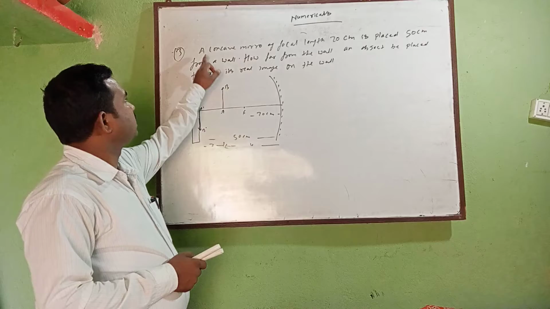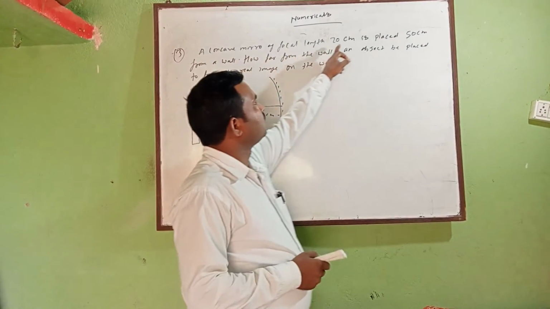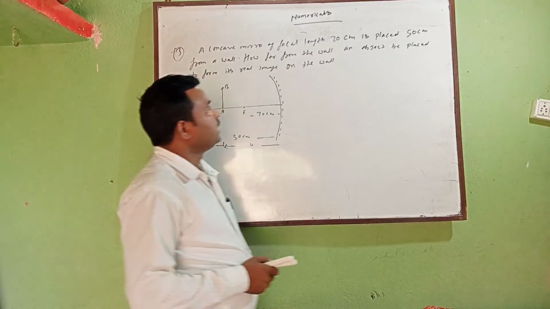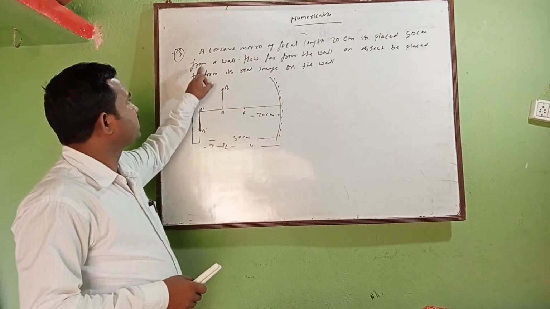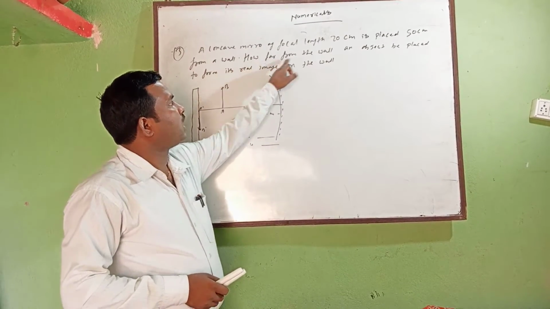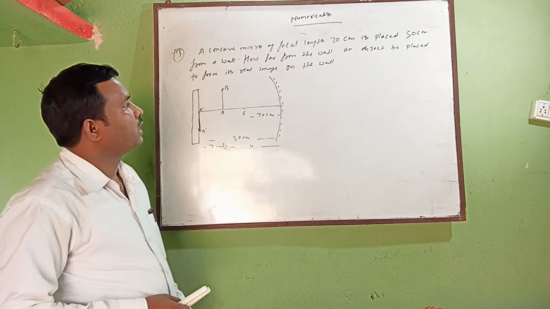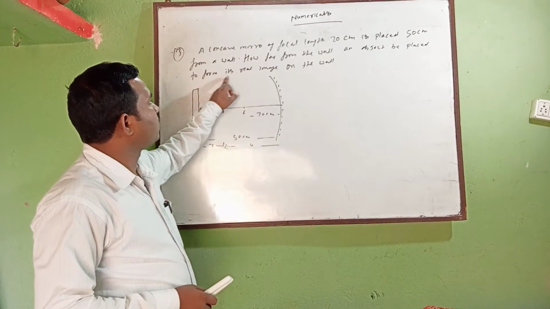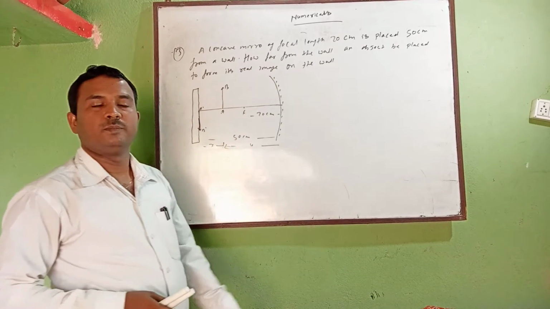So we have a question: a concave mirror of focal length 20 centimeter is placed 50 centimeter from a wall. How far from the wall should an object be placed to form its real image on the wall?